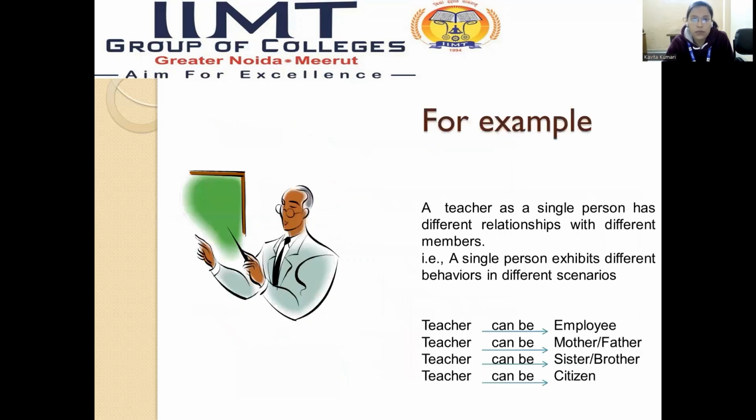If we take a real-time example of a teacher as an entity, a teacher can be an employee, can be a mother or a father, can be a sister or brother, or a citizen. That means a single entity, teacher, can exhibit different behaviors at different times.